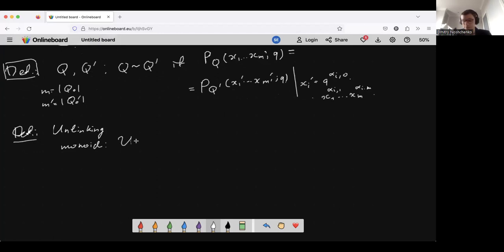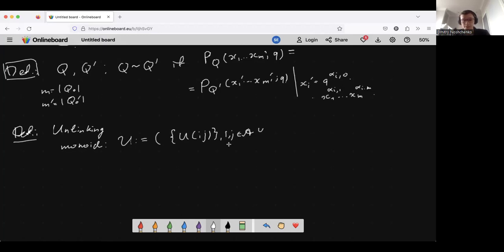This would be given by some generators, and the generators are essentially unlinking operations, U_ij, where ij is some alphabet that labels all possible nodes.